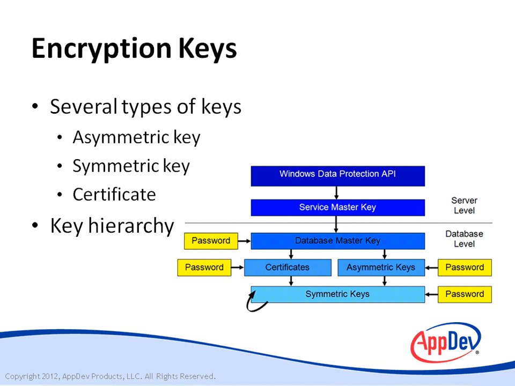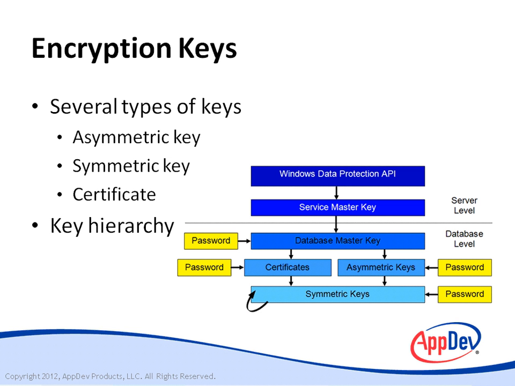The service master key is stored and protected deep within Windows itself, using the Windows Data Protection API, or DPAPI. And then the service master key is used in turn to protect the database master key, which is required in any databases that you are going to use encryption within.